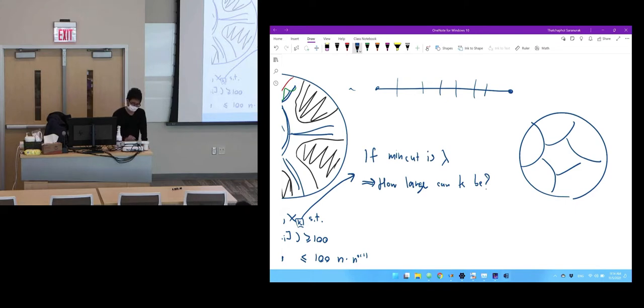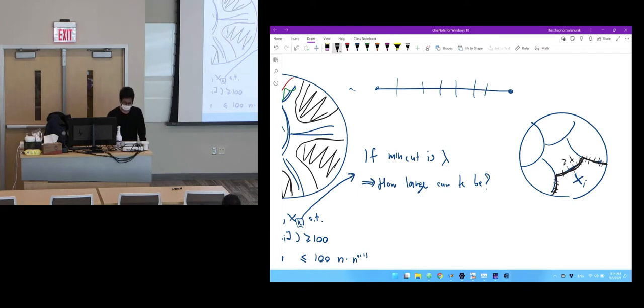If you take any expander X_i here, and just look at the cut here, this cut is just some cut in the graph. So the number of edges crossing this must be at least lambda.